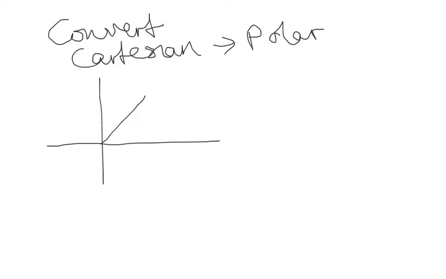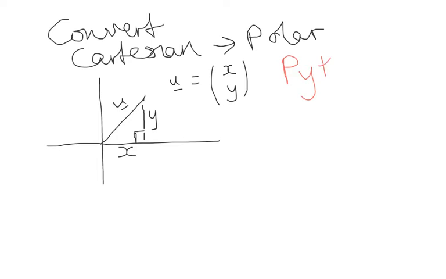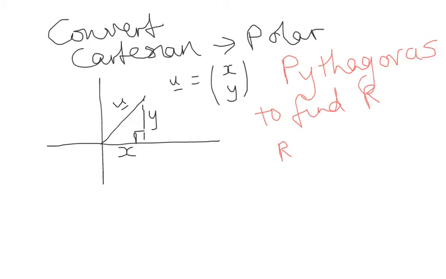So the vector u, x, y, can be drawn like this, x along, y up. If we would like to find the magnitude, it's really just a matter of using Pythagoras' theorem to find r, because we have a right angled triangle and r is the hypotenuse.